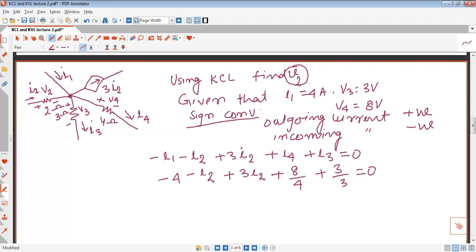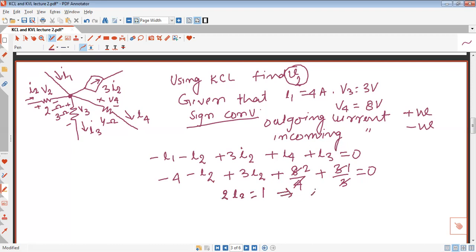So from here we can find the value of I2. If it is 2, it is 1, 2 and 1, 3, and this is 4. So minus 4 and plus 3 will be minus 1, and going this side it will be plus 1. So here 2I2 equals 1.